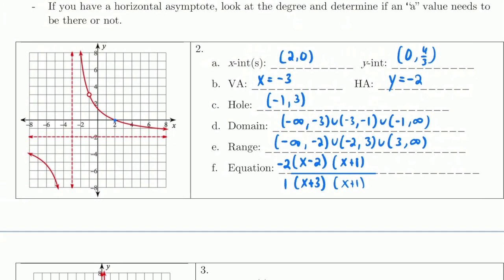I have a hole with an x value of -1, so the factor that corresponds to that would be x + 1 on the numerator and the denominator. And then if I have a horizontal asymptote of -2, that means I have to have a ratio of -2, so -2 on the top and a 1 on the bottom. Everything should work out. Okay? So let's work on the next one here.